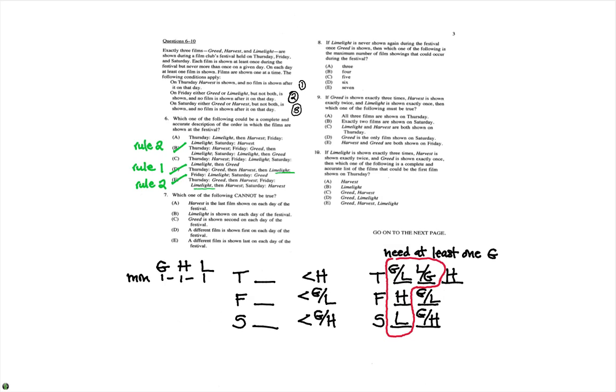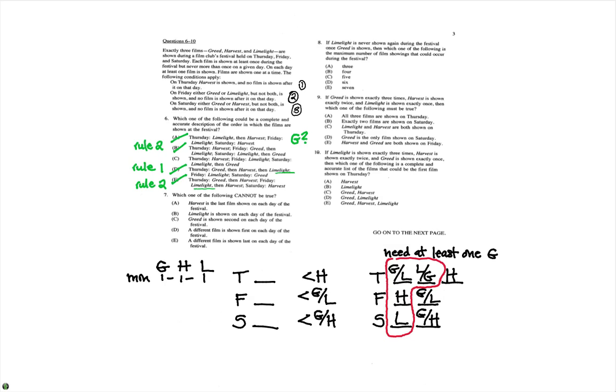We have A and C, but don't forget about the rules that came before the conditions, and don't forget that we need each film to be shown at least once during the festival. We need at least one Greed, at least one Harvest, at least one Limelight. When we turn our attention to A, we see Limelight, Harvest, Limelight, Harvest. Where is Greed in A?